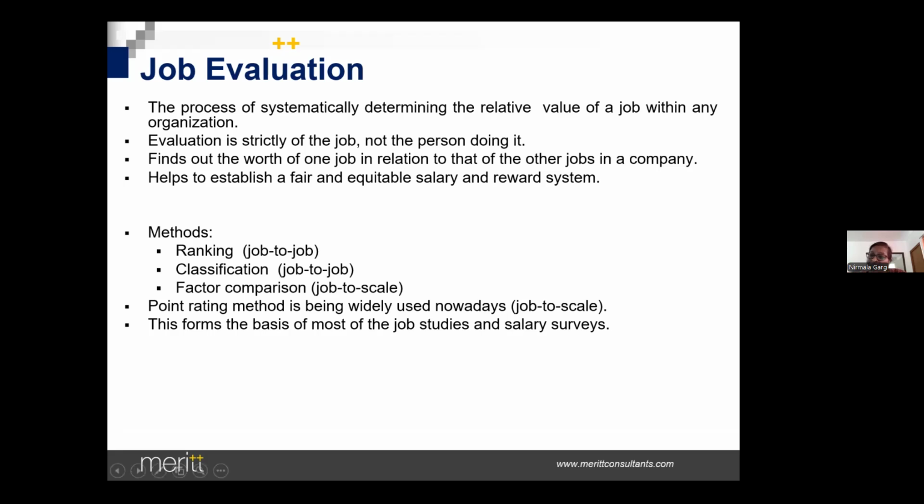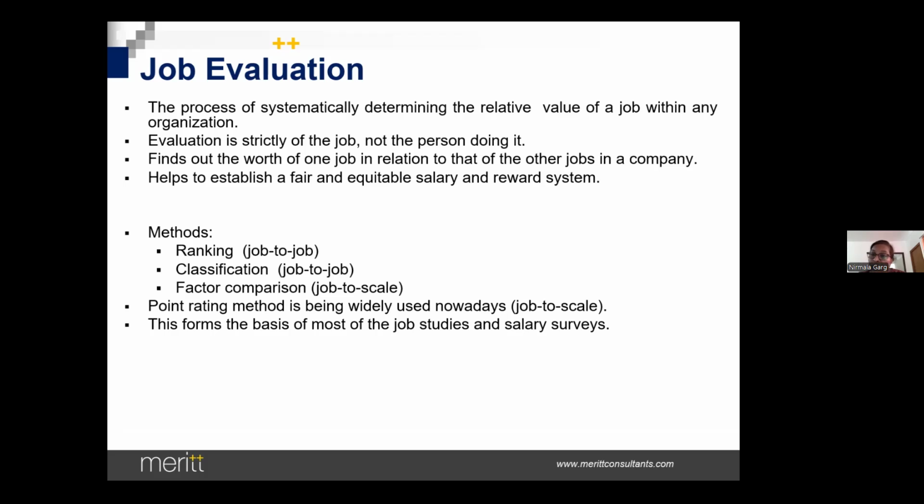Then there are various methods. Now, in this session, and it might also extend to the other session, we're going to do three methods. One is the ranking method, the other is the job grading method, and then we will be doing the point rating method. There are other methods too; we will talk about the Hay method, which is almost like a point method, and I will tell you what it comprises.